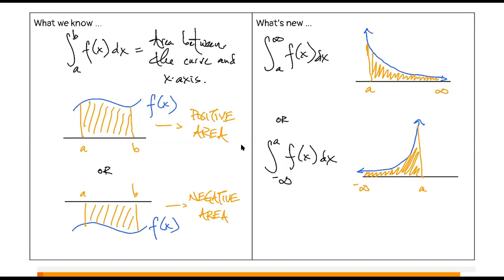Okay, and in some cases, we're going to be able to find a specific area, a number that represents that area, kind of like the turtle covering half the distance every single time, and eventually they do get there.